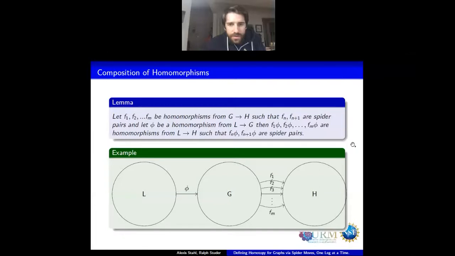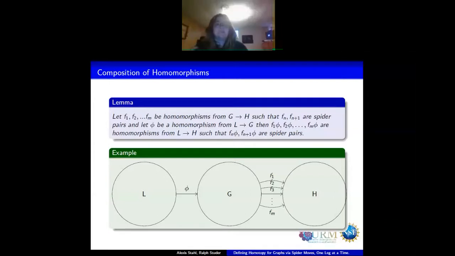Similar to that last lemma, if we compose the homomorphism with those spider pairs, they are still preserved, because they can only differ by at most one vertex. If you compose that with a homomorphism, they're still going to differ by at most one vertex.